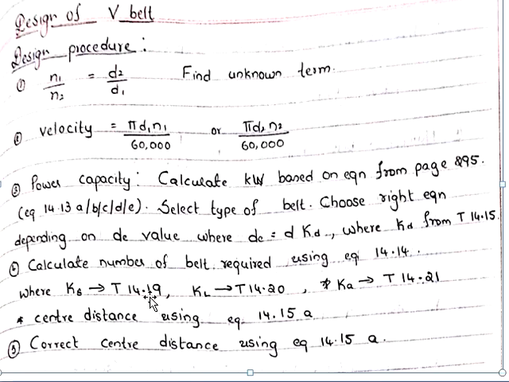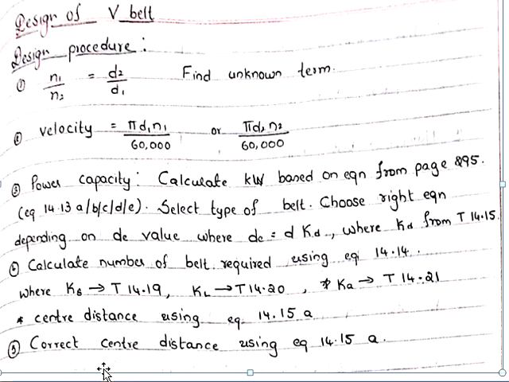Exactly below this equation, they have mentioned from where you can obtain all these values. KL from table 14.20, KA from table 14.21. After calculating these three values, substitute in the number of belts required equation, and you will get the n dash value. That will be the number of belts required.